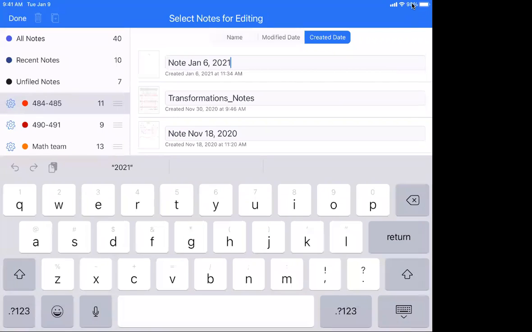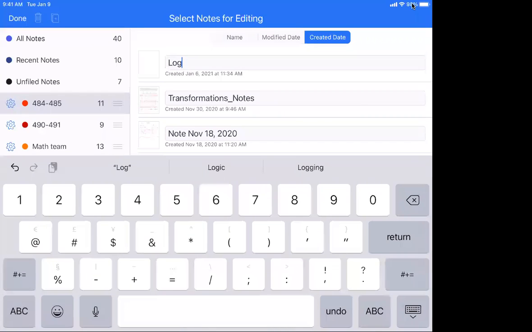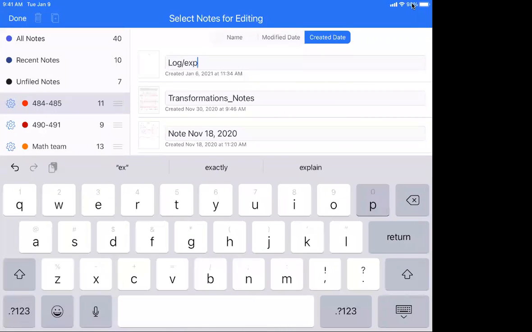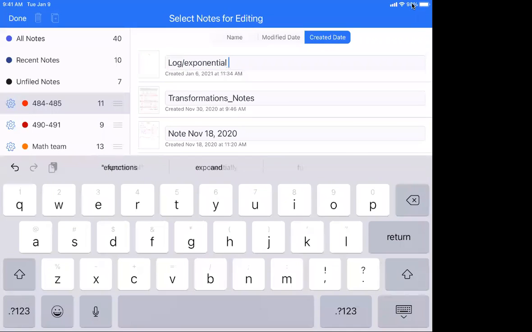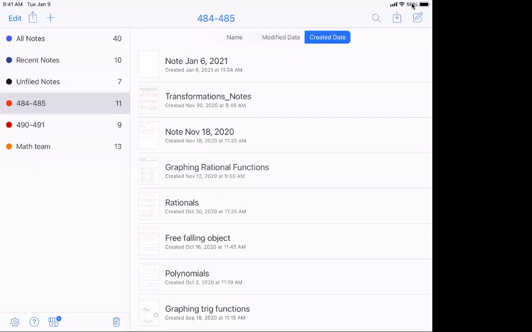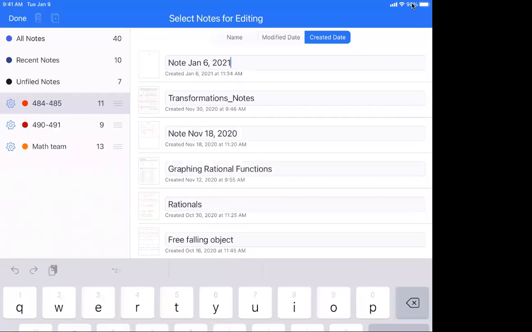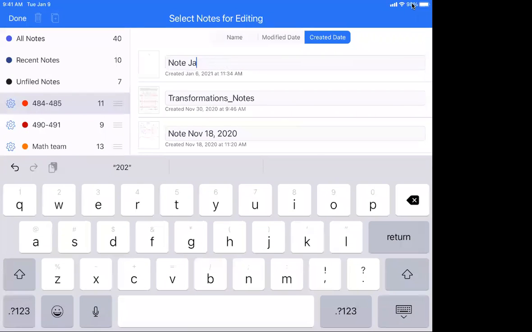into our log/exponential functions. Oops. I remember I can't do a slash. That's my problem.